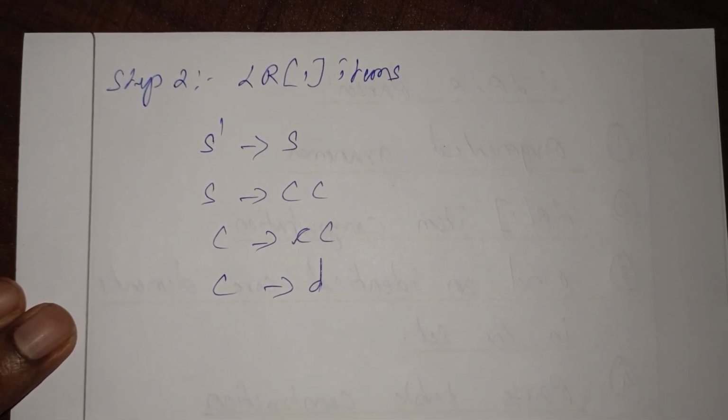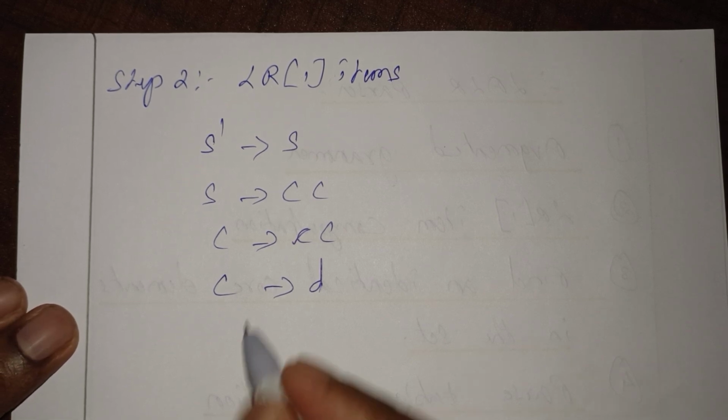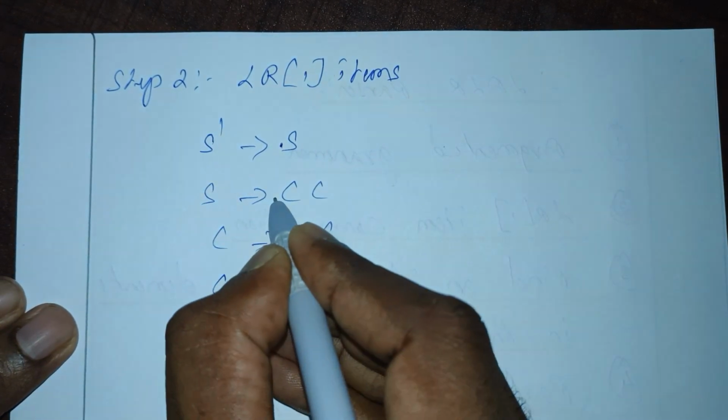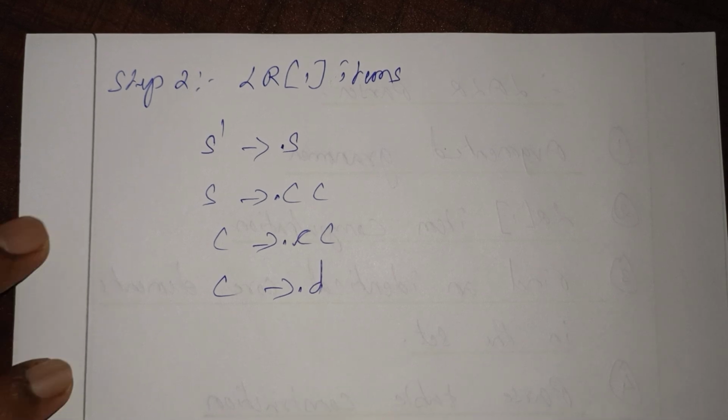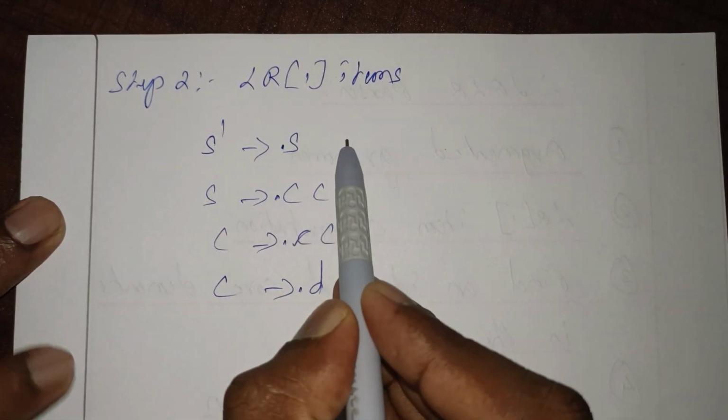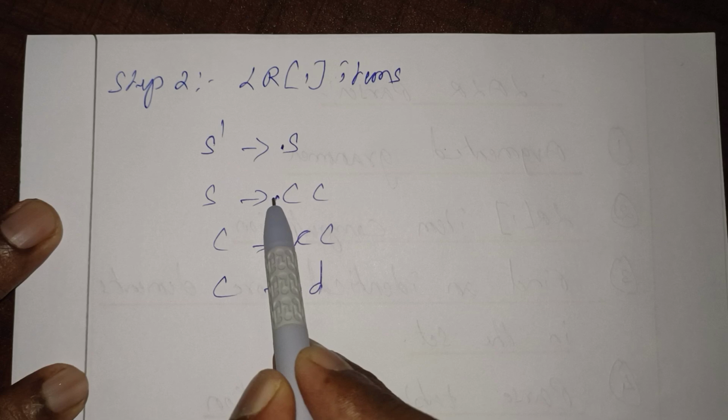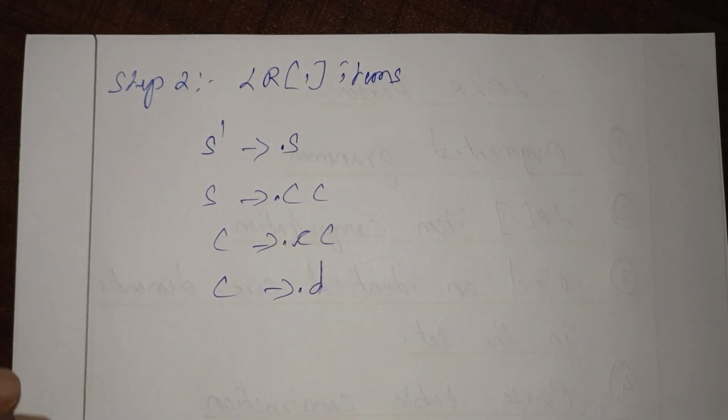I've taken the same augmented grammar from step number 1. We are going to add a precedence value initially, so I'm adding a dot at the beginning. As you know, it will parse from left to right, so the dot is the precedence value.